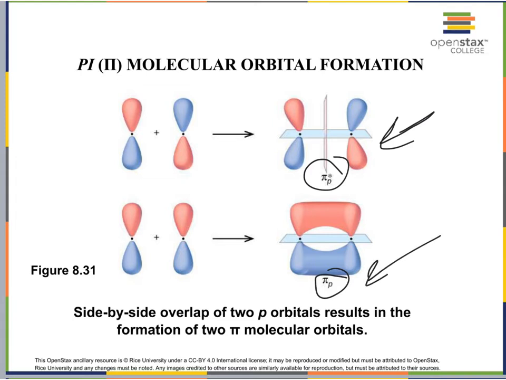So you notice over here, these p orbitals are aligned parallel to one another, right? And so you get the overlap on both ends of the lobe, and that is not the direct overlap that we looked at with the sigma. So the pi overlap is a little bit different, and we'll talk about that along here.